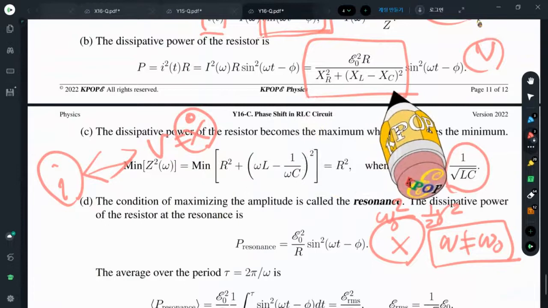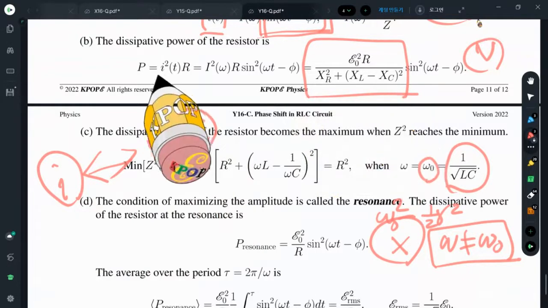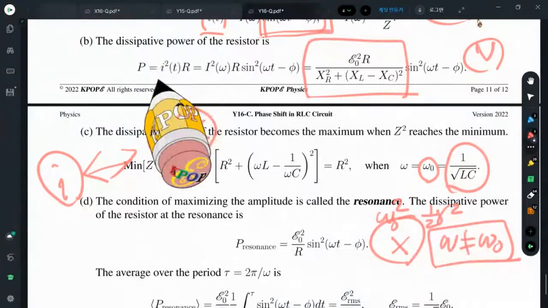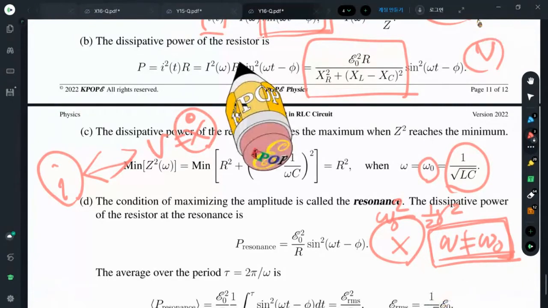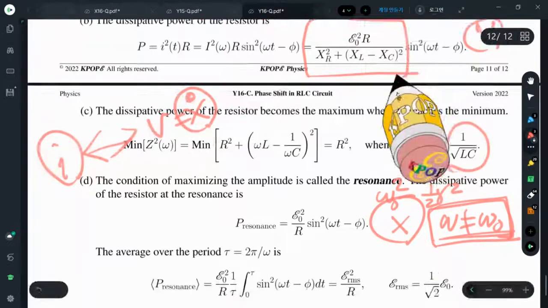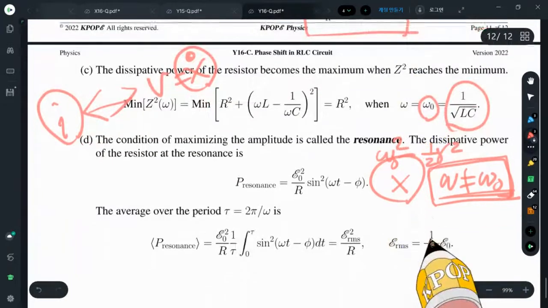The resonance appears, as far as this current is concerned, at the characteristic frequency of the simple harmonic oscillator, that is without resistance.